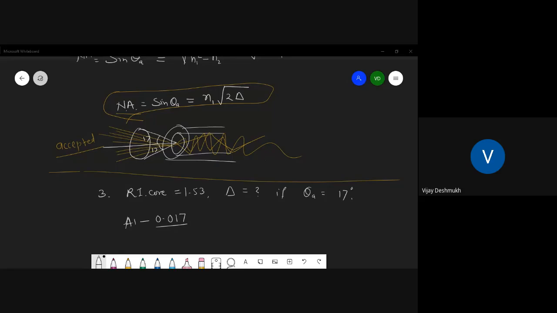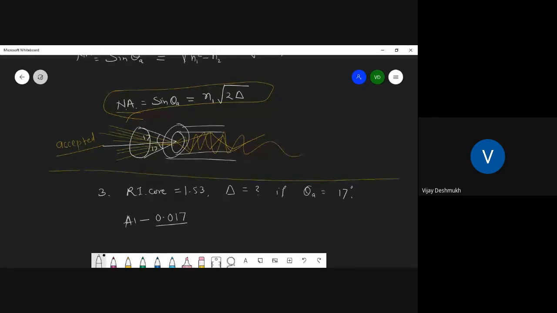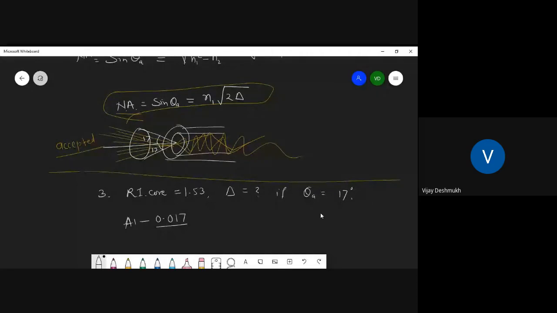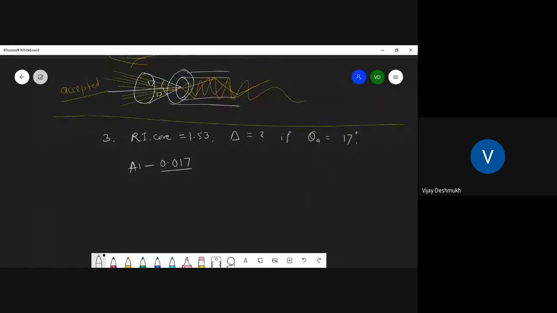It's okay if you are slow, but you should be steady. The formula that I just wrote here: sine theta A is equal to n1 square root of 2 delta.